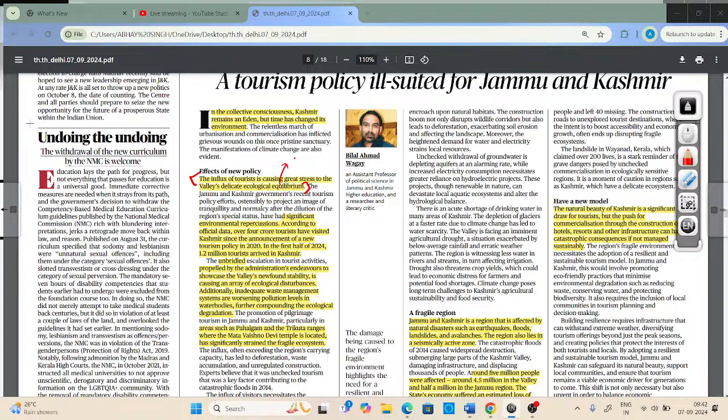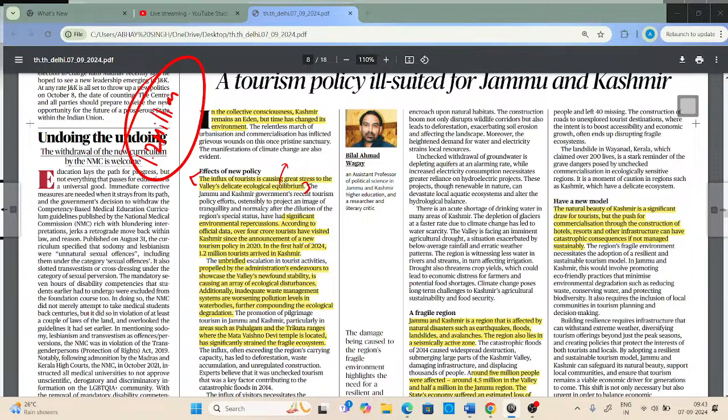Now, according to official data, over 4 crore tourists have visited Kashmir since the announcement of a new tourism policy in 2020. In the first half of 2024, meaning between January 2024 to June 2024, over 12 lakh tourists have visited Jammu and Kashmir. And after the introduction of this new tourism policy in 2020, more than 40 million tourists have visited Jammu and Kashmir.